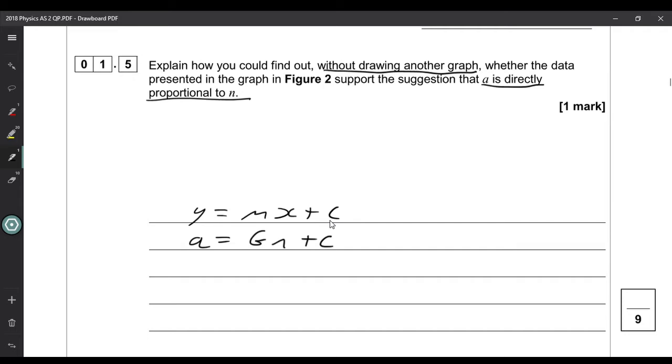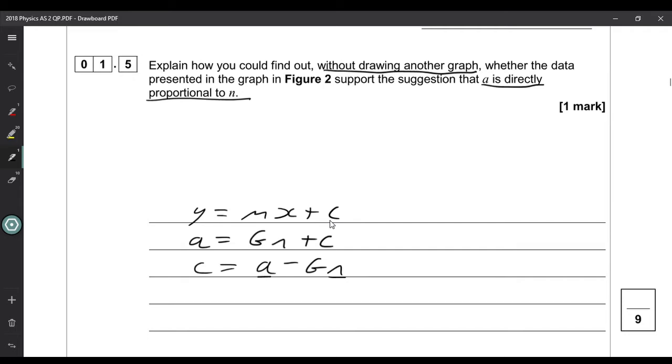So what we can do is we can take various points on our graph and feed them into this equation to calculate c. So c would equal a minus gn. So we know the value of g. So for any value of n, we can use our graph to see what a is and then calculate a value for c without the need for drawing another graph.